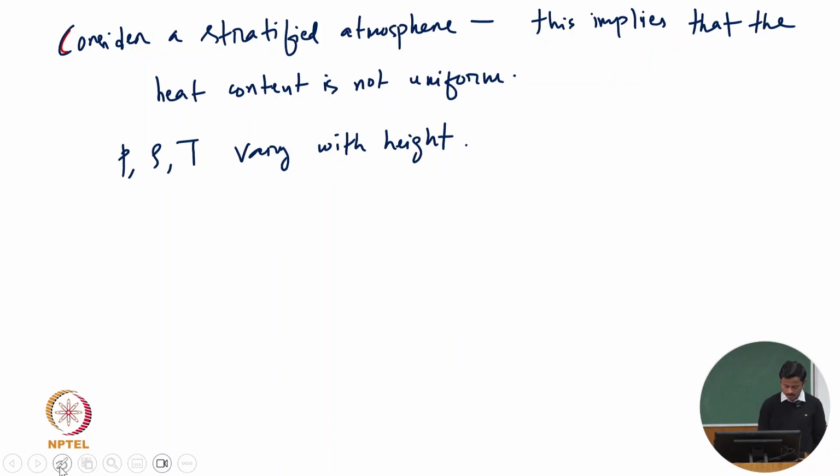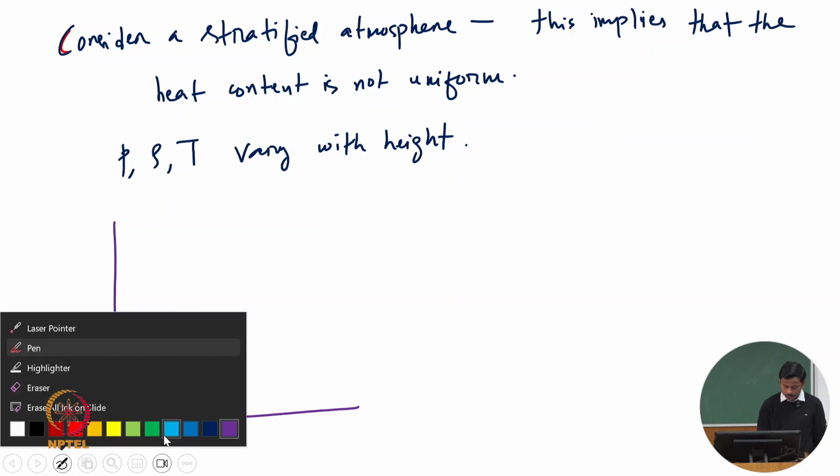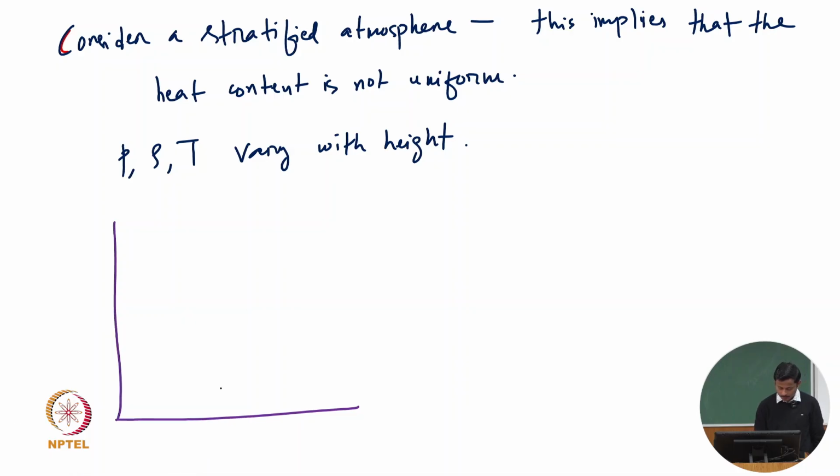Let's draw a schematic. Let's say there is a parcel of fluid located at point 1 that is taken to point 2. This is 1, this is 2, separated by a distance of small h.